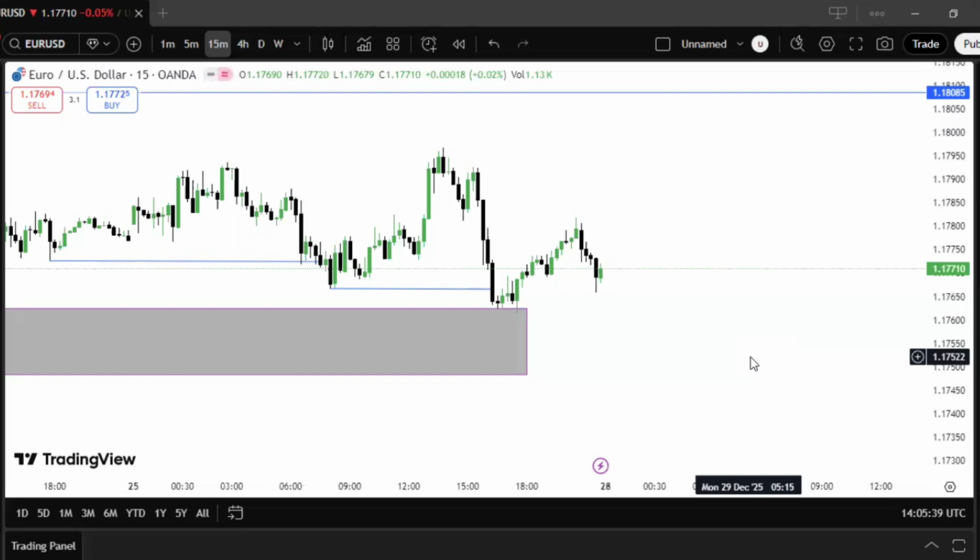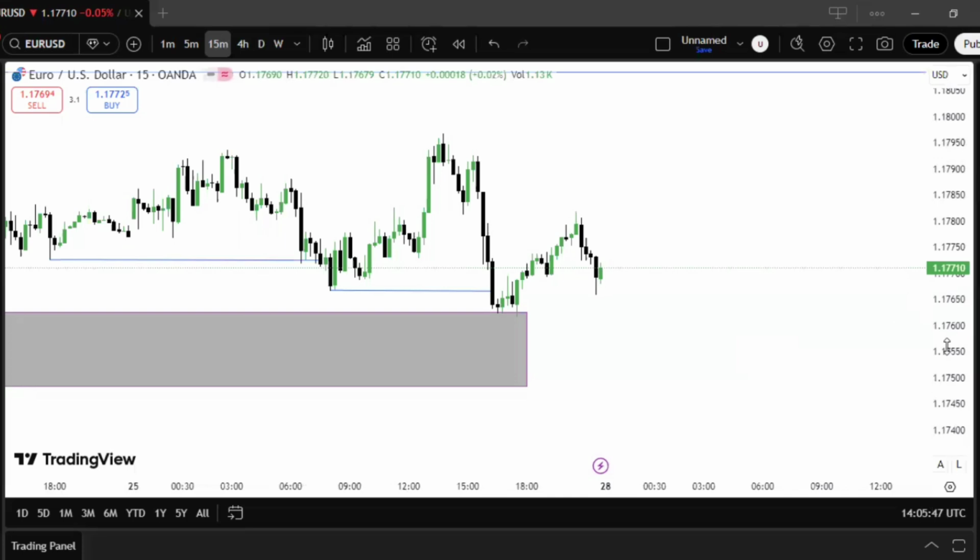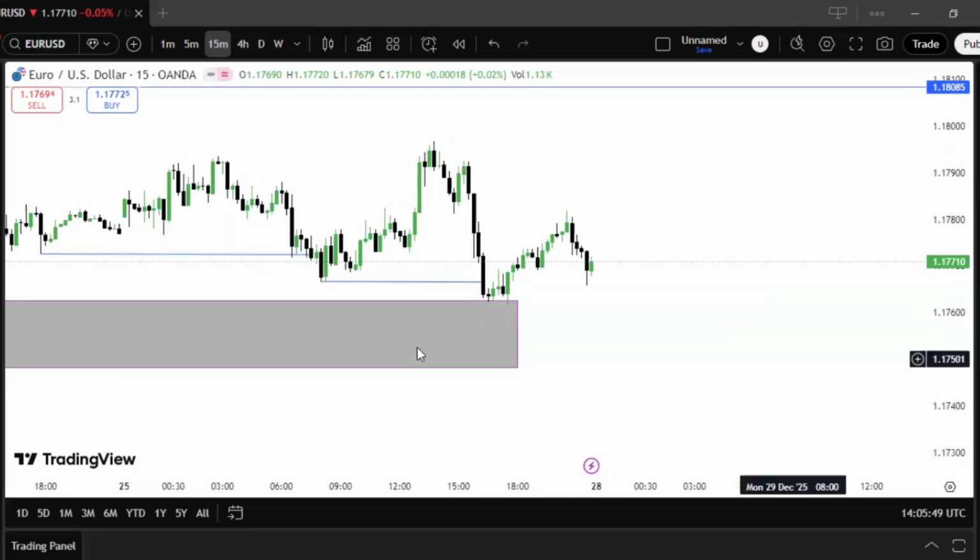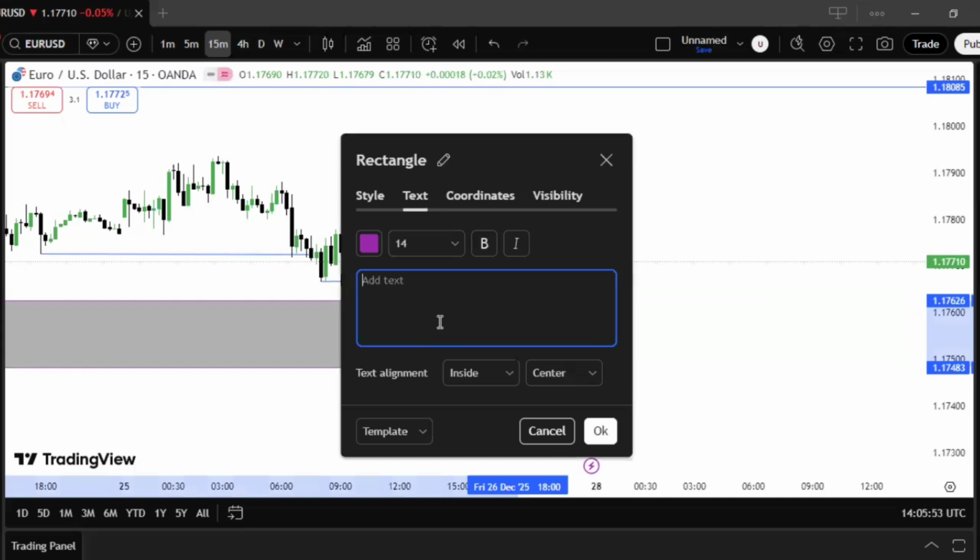So here I'm going to mark a zone and analyze again what the market might do. As you can see, we are reacting on 4 hours. So here I'm going to mark this zone as H4, which just means 4 hour, guys. I'm going to put it on so that you can see.